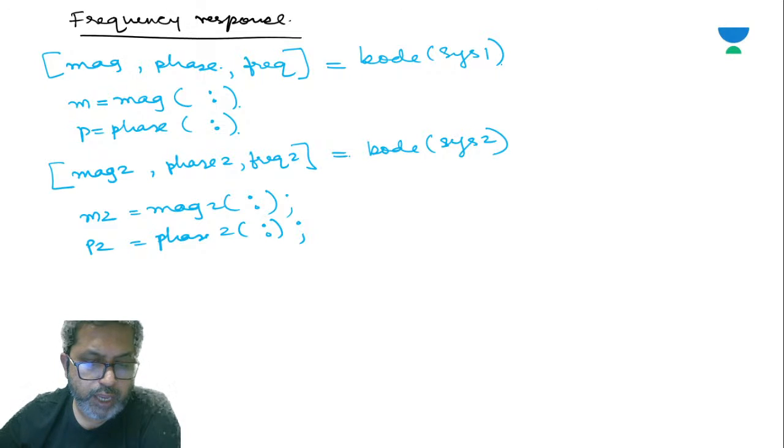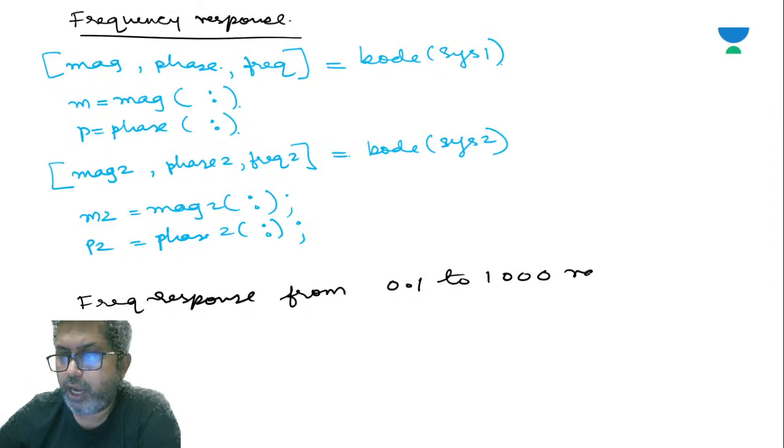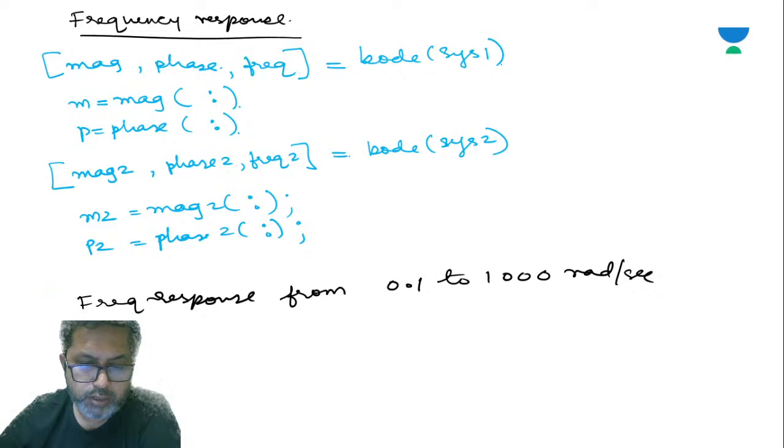Then we will say frequency response from 0.1 to 1000 radian per second. Let us see its syntax.